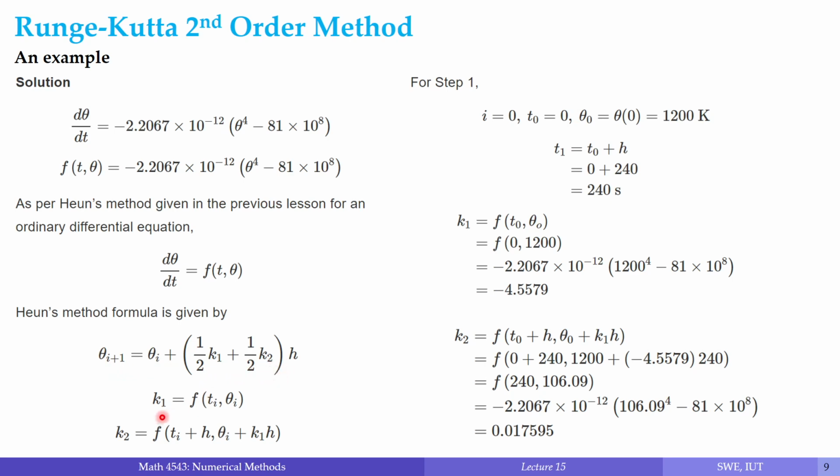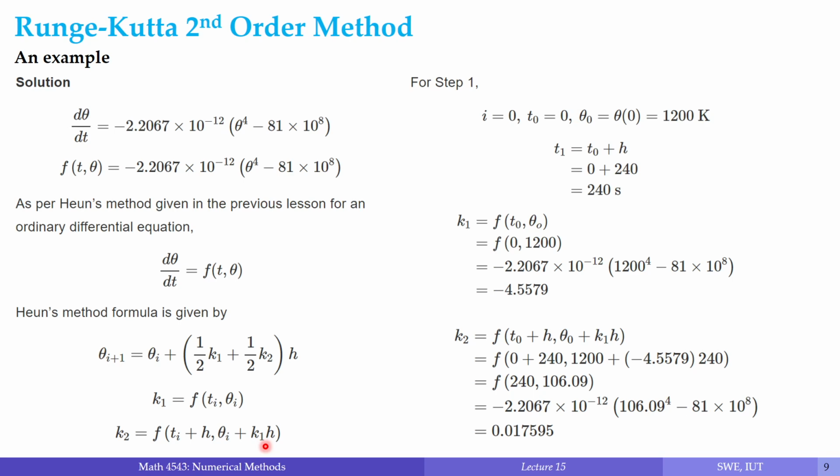Fine. So we also know our values of k1 and k2 will be the functional values of the bivariate function at the point t sub i, theta sub i for the k1 case, and for the k2 case we have the functional value of the bivariate function at the point t sub i plus h, which means we progress by h units to the right, and we have the corresponding approximation of the dependent variable theta at that point, which is theta sub i plus k1 times h, right?